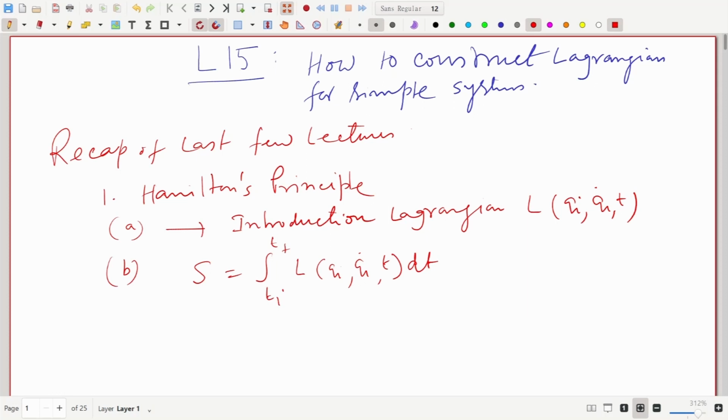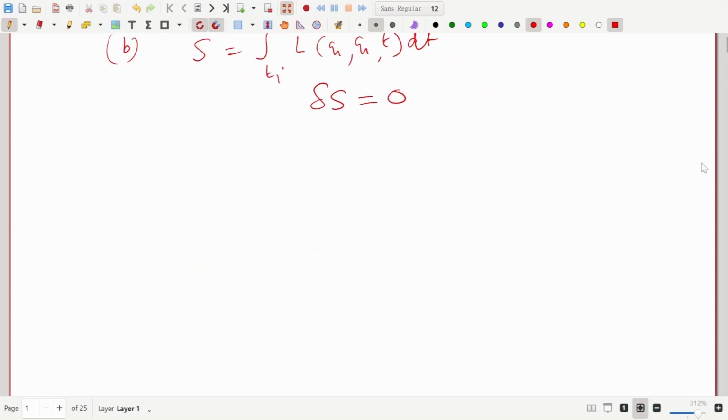So, the second part says that delta S should be 0 for the path in which the classical system will evolve. And using this, we obtain the equation of motion for the system.